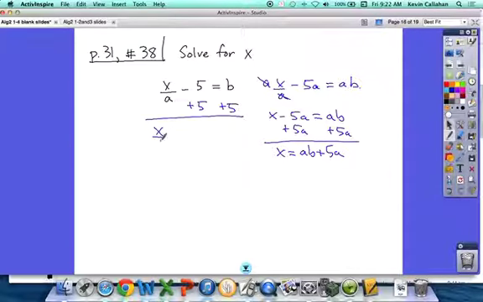And now I've got x over a equals b plus 5. And then multiply by a, right? So a times all of that, x equals ab plus 5a. Same thing.